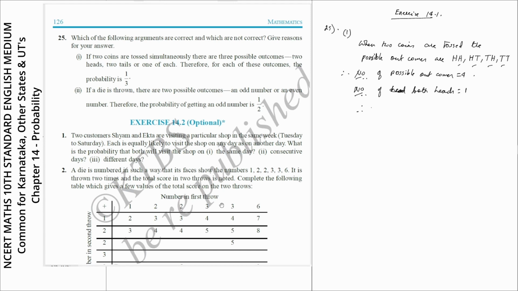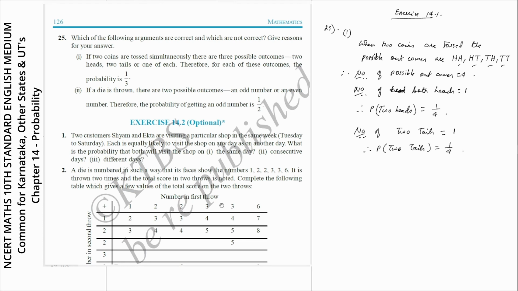Therefore the probability that 2 heads will come will be equal to 1 by 4. And similarly for the number of 2 tails, the possible outcomes are head tail, head head, and so on. In how many outcomes are there 2 tails? It's only 1. The number of 2 tails is equal to 1. Therefore the probability that 2 tails will come is equal to 1 by 4.